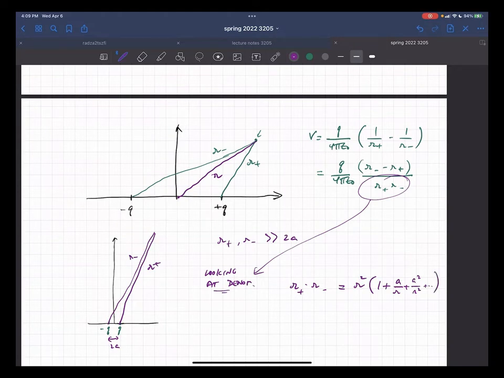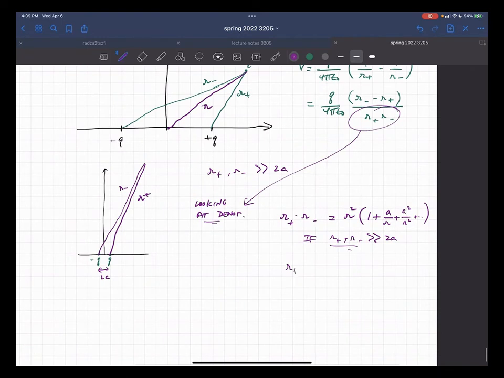So if r plus or r minus are much bigger than 2a, or much bigger than a really, then this r plus times r minus is approximately equal to, so let me copy that over.